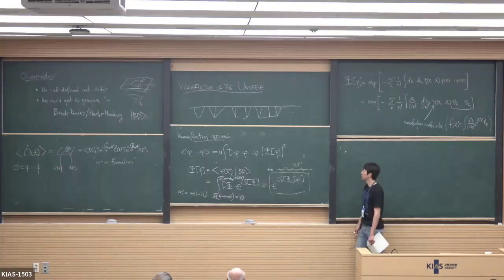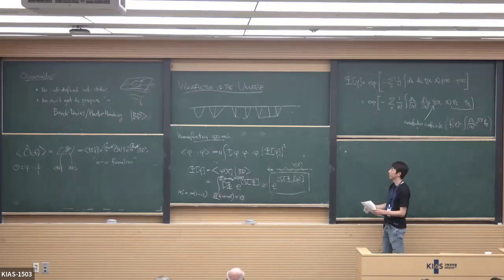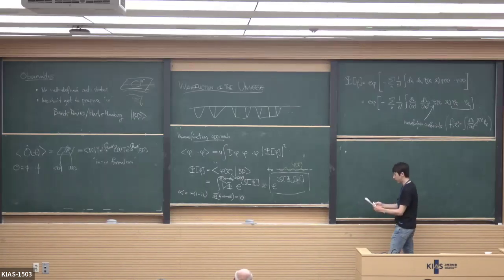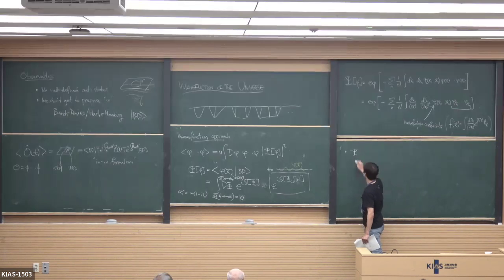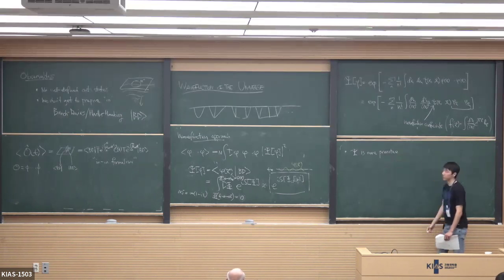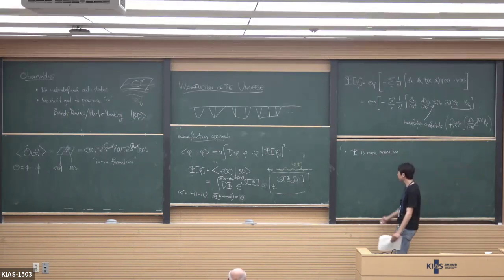So this is very similar to comparing the S matrix and the total cross section. Psi, the wave function, is in some sense more primitive. It's a more primitive object than the correlators themselves.